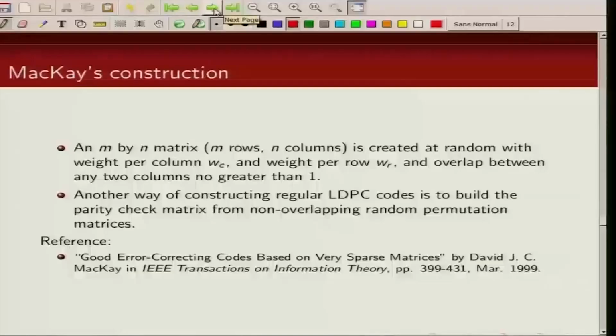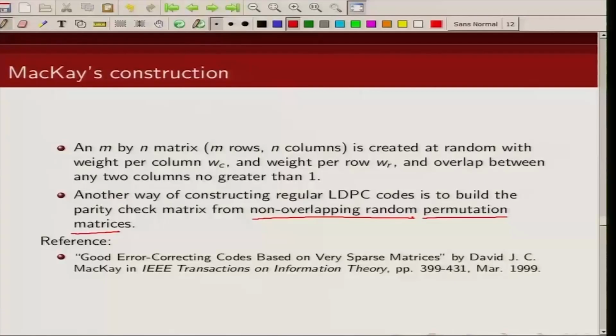Otherwise, you will have cycles of length 4 in your LDPC code. Now, next what we are going to talk about is how we can use permutation matrix to design our LDPC codes. So, that is what I am going to show in the next few slides.